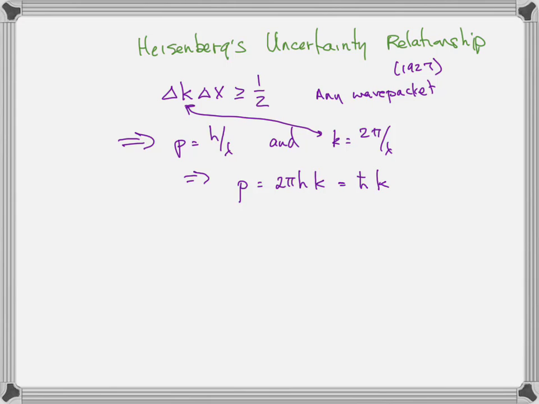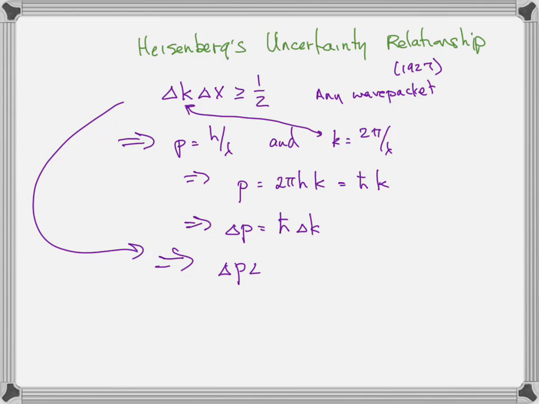So momentum is h bar k, and therefore delta p is equal to h bar delta k. Plug that in, and what you find in the Heisenberg uncertainty relation is that delta p delta x is greater than or equal to h bar over 2. And that is the position momentum relationship.